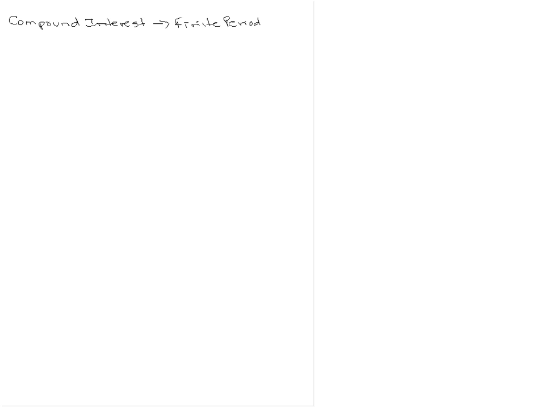Semi-annually, 2 times. Annually, 1 time. The other way is what we call compound interest continuously. So it's constantly compounding. That's not a finite period.